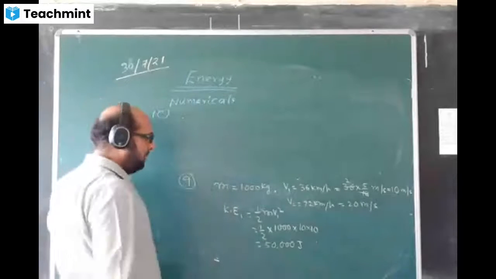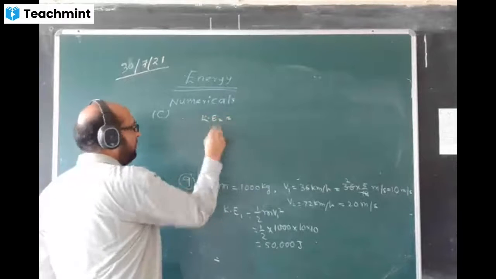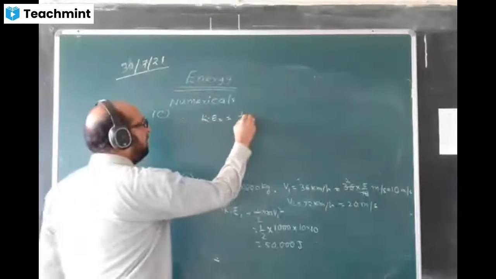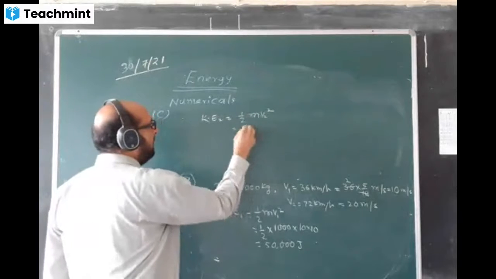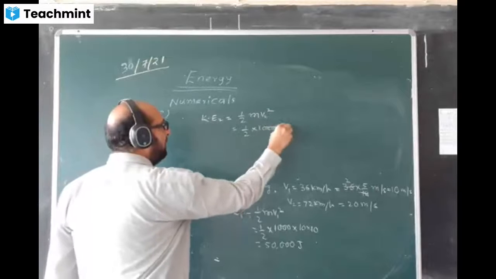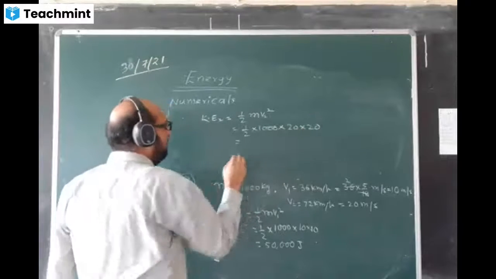Kinetic energy number 2 I will find out. Formula is half mv2 square. Half mass is given 1000. V2 is 20, right? 20 into 20, 2 times.